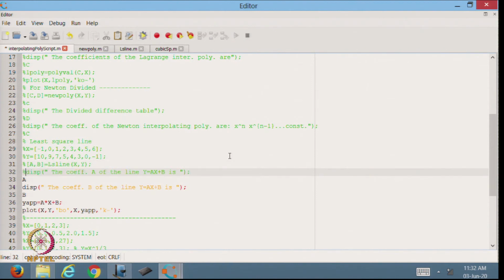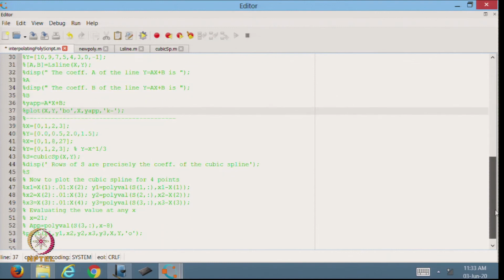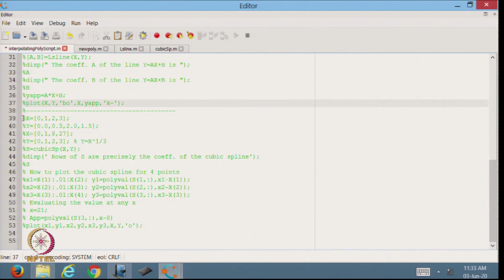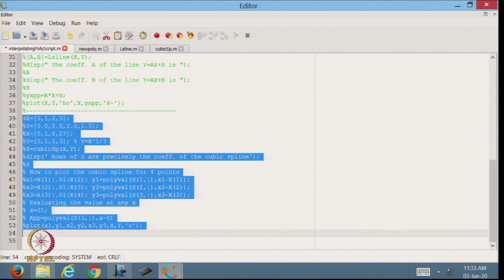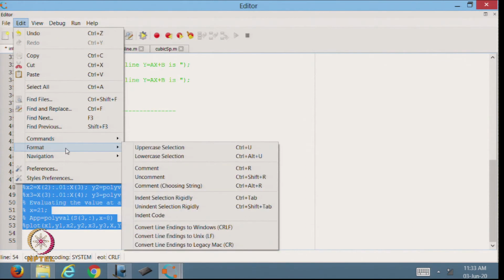This value we can comment, and then I can uncomment the data for the cubic spline. So this is the data we can uncomment.